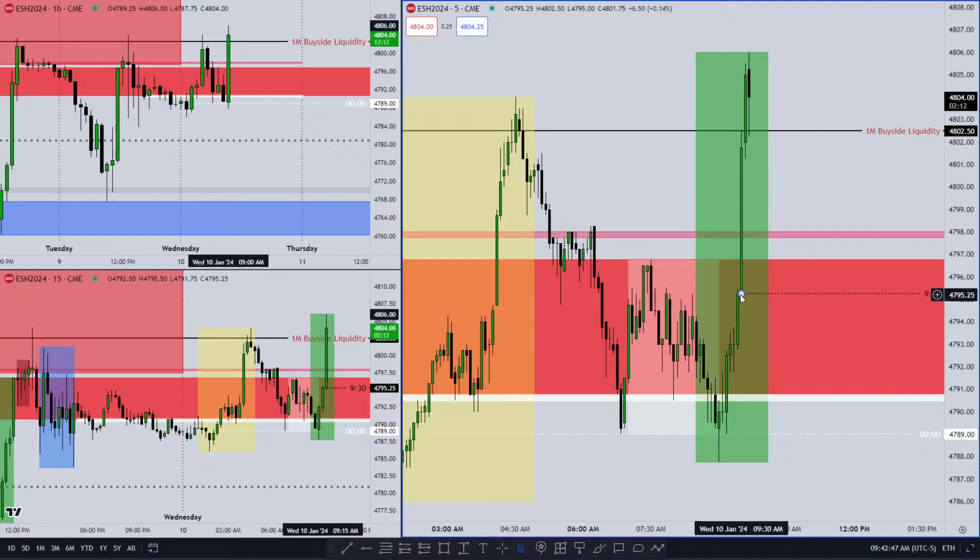While dollar was going up, S&P also went up. So that just gives me more reason to believe that this was a stop hunt, especially because of the SMT on NASDAQ and S&P. So let's see.